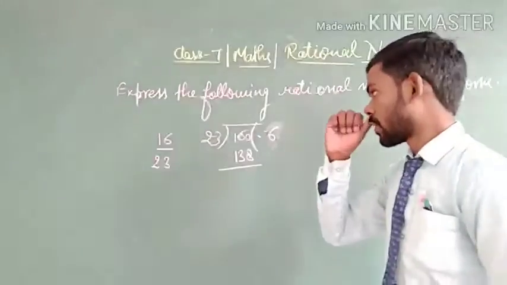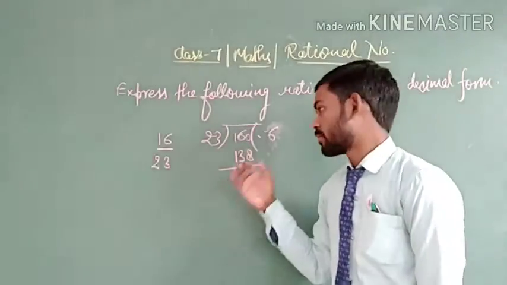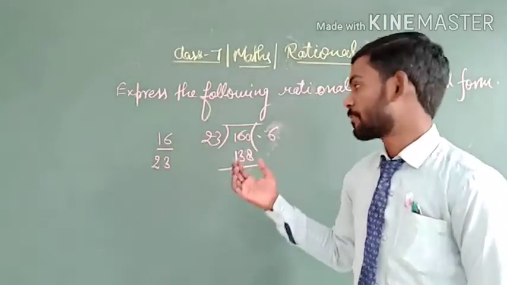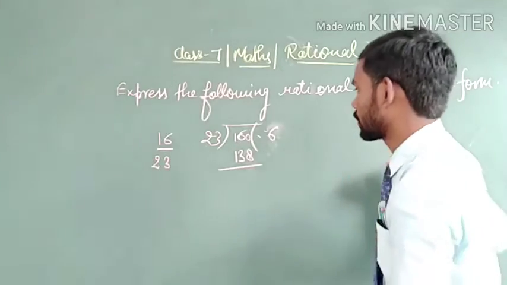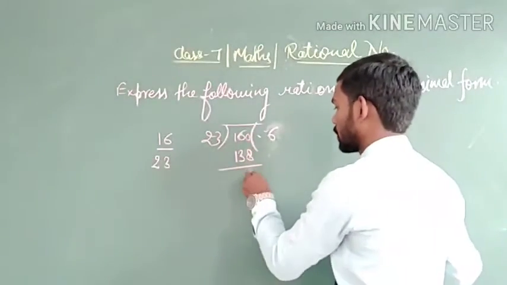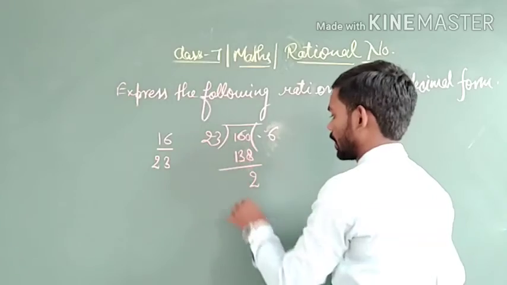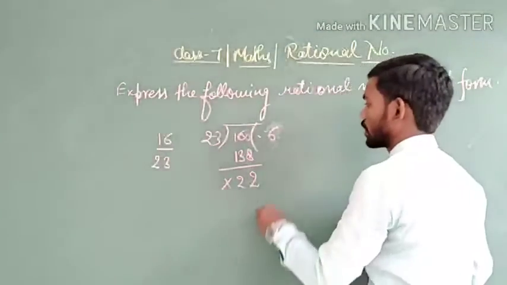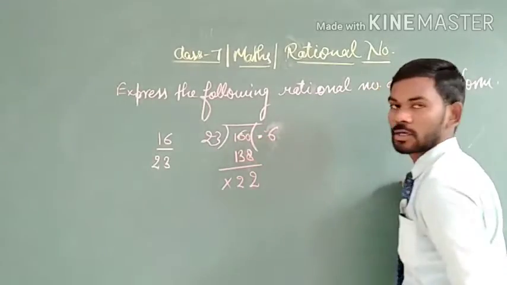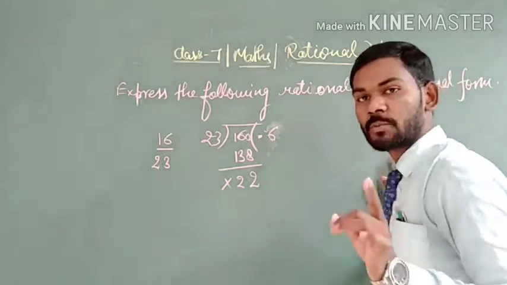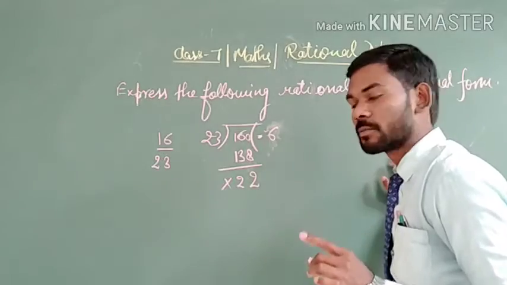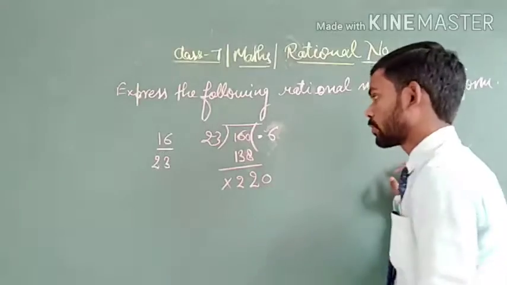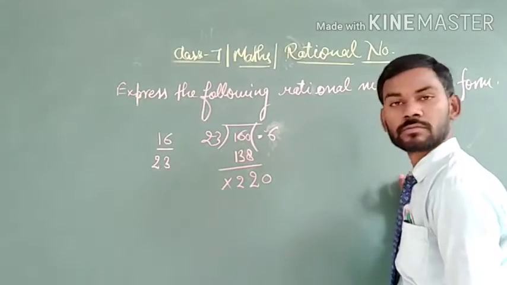Because if we take 7 times, then this becomes greater than the dividend, and in this case it becomes wrong. So here we get 10 minus 8, 2 and 5 minus 3, 2, and it becomes 20. Now as I told you, we take the decimal point only one time. Now we increase the 0 here, it becomes 220.